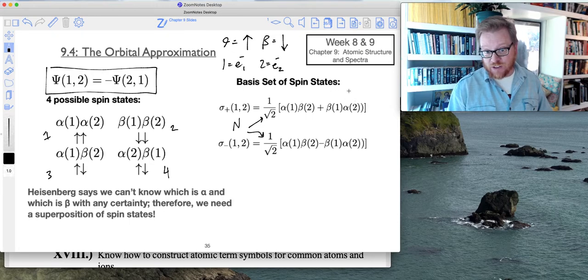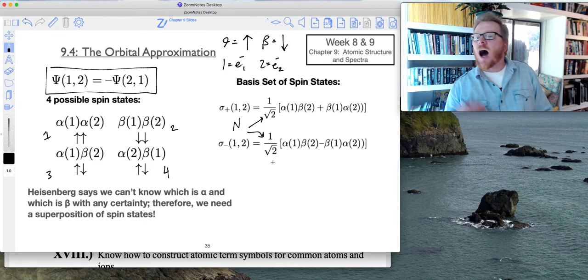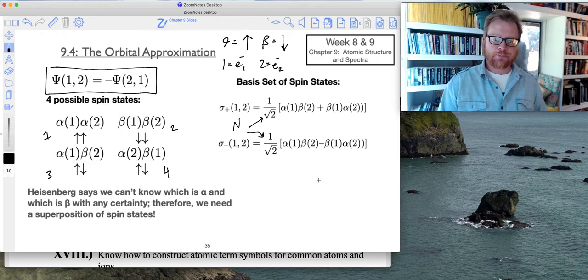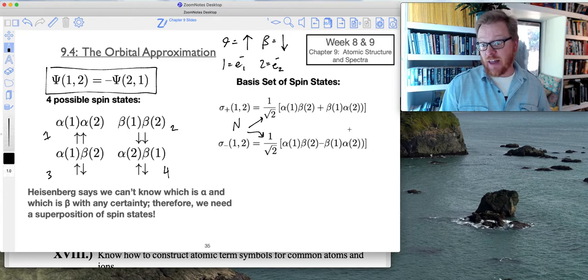So we just basically switched the labels. Electron number 1 was alpha and electron number 2 was beta. Now we switched that. Another superposition is possible by changing the signs, and so that's sigma minus (1,2). Again, we get that by literally just changing the labels. So we have the sigma plus (1,2) state and the sigma minus (1,2) state.